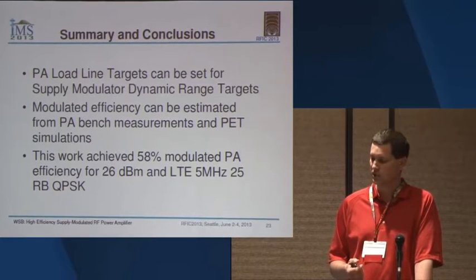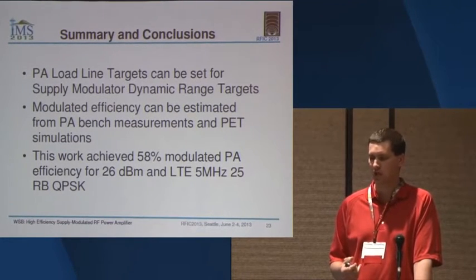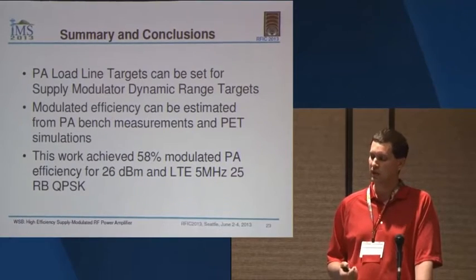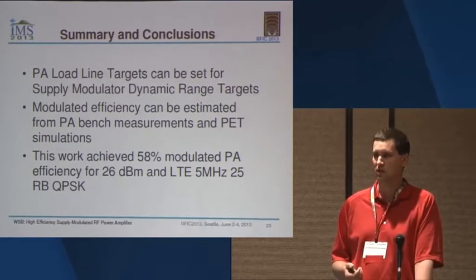And then we presented some results that we achieved on a single band solution PA that was able to achieve PA efficiencies of about 58% when we operated with a constant gain lookup table that was about 1 dB into compression, and that's for a 5 megahertz 25 resource block QPSK signal. If we were to operate at a higher level of compression, more like the 29 dB case that I showed earlier, we come in closer to 60%.